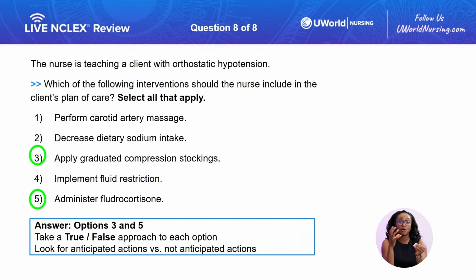Again, like I said, water follows salt or sodium. So if we're decreasing the sodium intake, then we're not going to have a lot of water in our system. So our vascular fluid circulation is going to be decreased, which is going to further drop our blood pressure. Again, as well with option 4, implementing a fluid restriction, if you don't have enough fluid in your vascular system, then your blood pressure will drop.